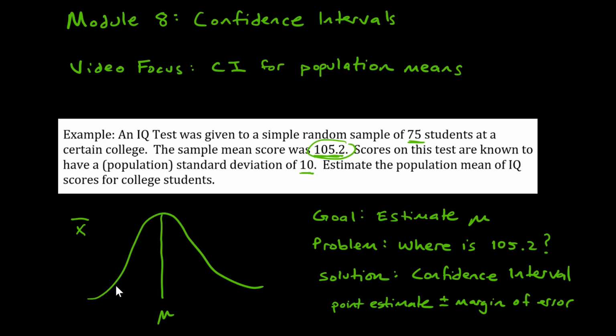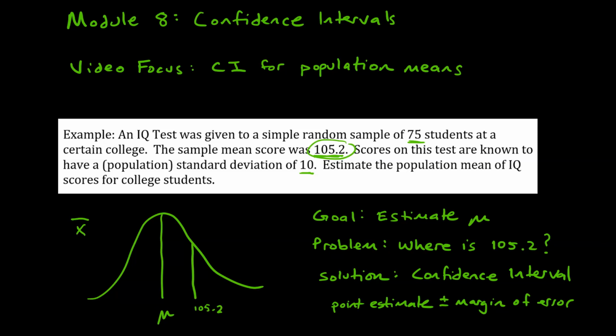Now, we don't know where 105.2 is in this distribution of sample means, but just to illustrate this concept of the confidence interval, let's pretend for a second that 105.2 is somewhere right around here. And if 105.2 is right there, you can imagine that it's not the worst point estimate for the true population mean, but it's also not the best.